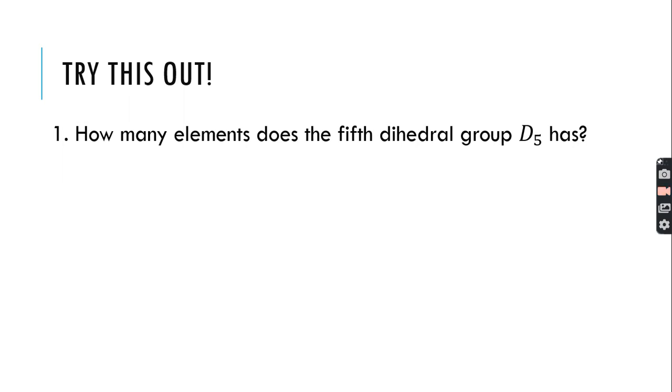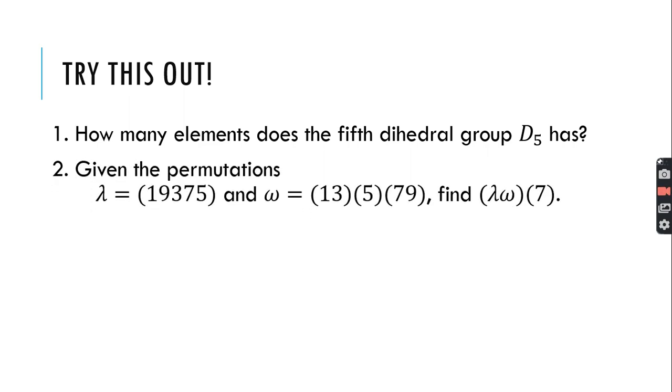Let us try this out. Number 1, how many elements does the fifth dihedral group D sub 5 have? And then for number 2, given the permutations lambda, which is in cycle notation 1, 9, 3, 7, 5, and omega, which is also in cycle notation, we have here 2 transpositions and 1 cycle.